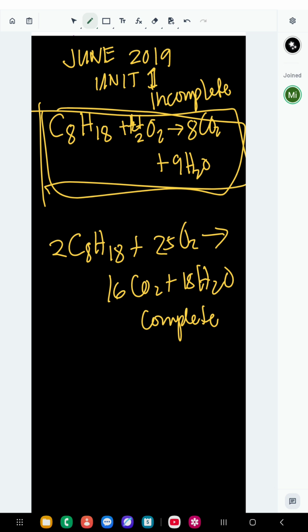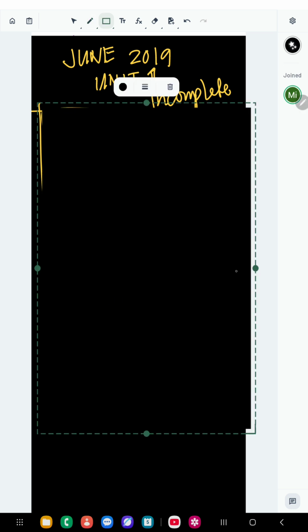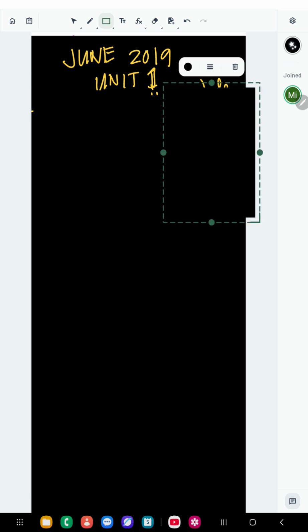It says here bromine water, bromine solution. Okay, so the process here, long chain alkanes converted into smaller, more useful molecules, including alkenes. So the process should be named cracking.